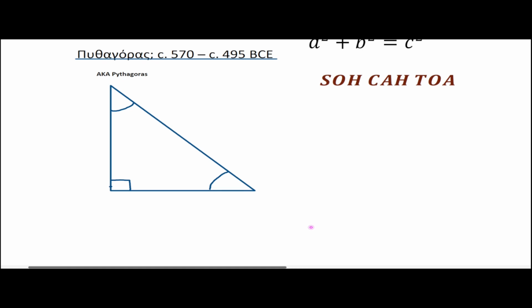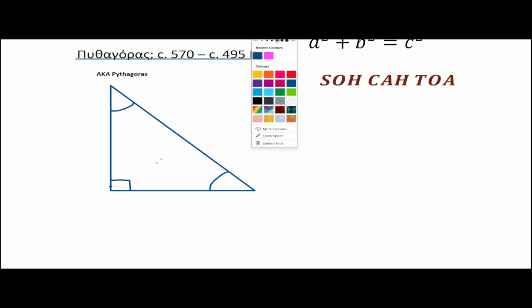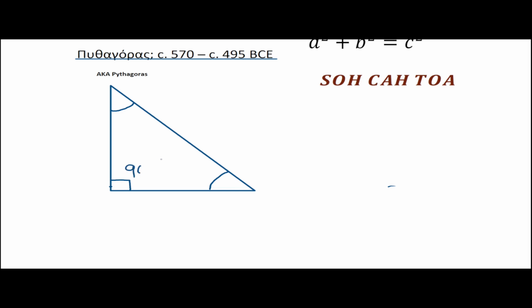So, what are some things that we can see straight away when we have a right angle triangle? Well, the most obvious is this right angle here, and the right angle is just really a symbol for 90 degrees.